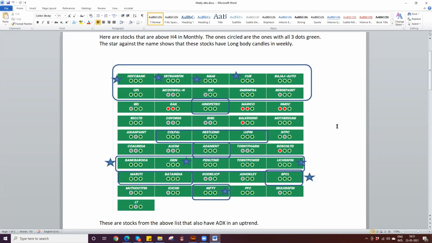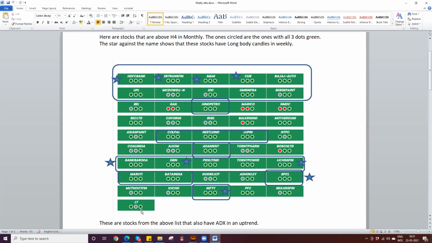Now, the second thing you ought to do is look at the green dots or the green circles, right? So what I've done here is I have made a bracket like this, a kind of delineation of the names where the three dots are all green, right? So you got Bank of Baroda, State Bank, Pidilite, Torrent, LIC, etc. All these names are all green.